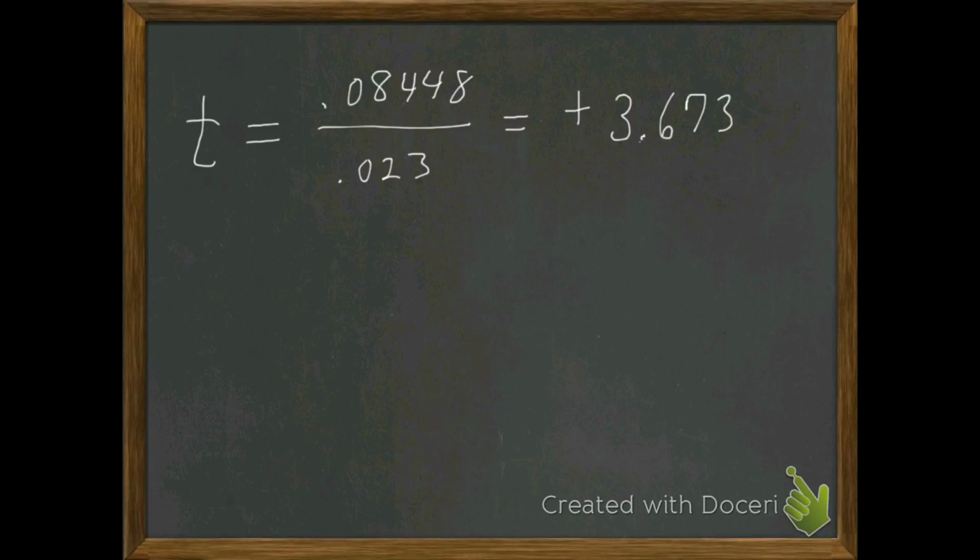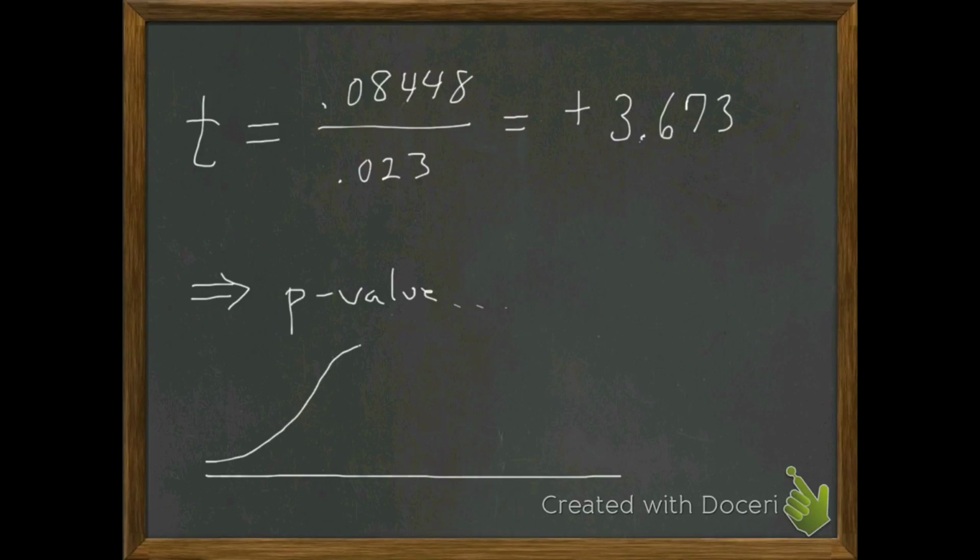So this tells us that our sample estimate, B1, is 3.673 standard errors above the claim that beta 1 is equal to 0. So it appears that we are going to reject the null. Now we have to calculate our p-value.